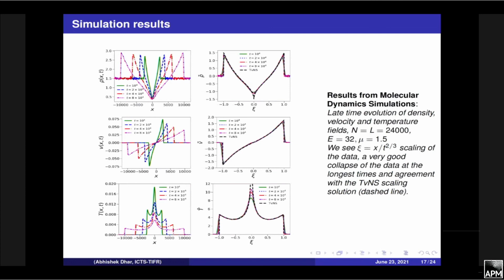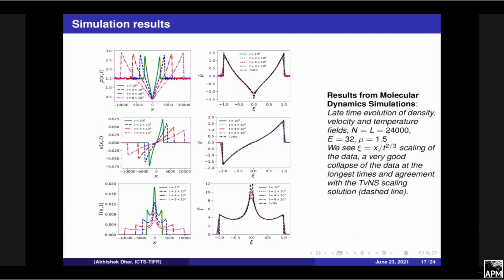In the simulation, it's kind of smoothened out. And so at the center, you can see some deviations. At the shock front, you can see that at longer times, the prediction gets better. So at the shock front, the hydrodynamic solution, in fact, works quite well, which is also quite surprising. So the only deviation is at the core of the blast.